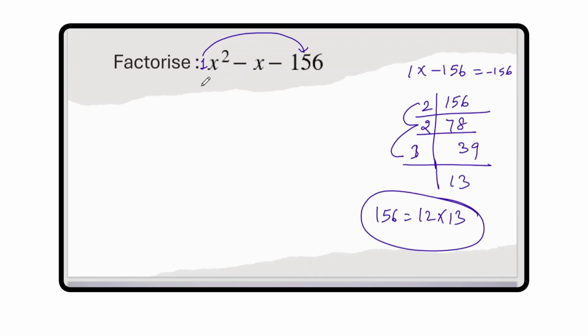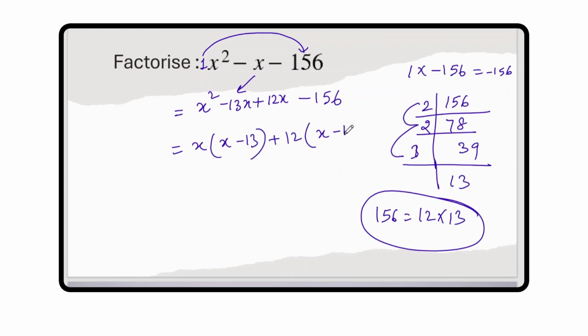So we have minus 13x plus 12x minus 156, and here we have x square. So I can relate this. Now x is common, x minus 13, plus 12 is common, x minus 13. So the final answer is x plus 12, x minus 13.